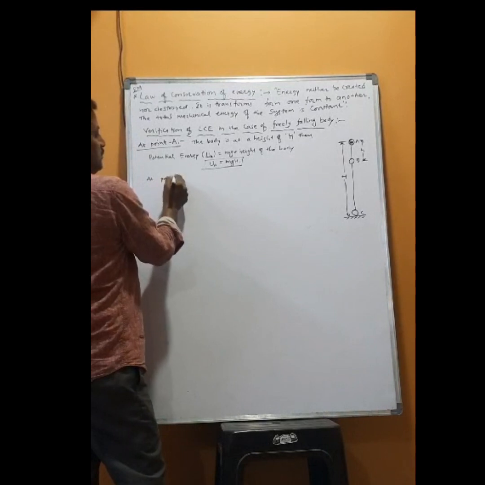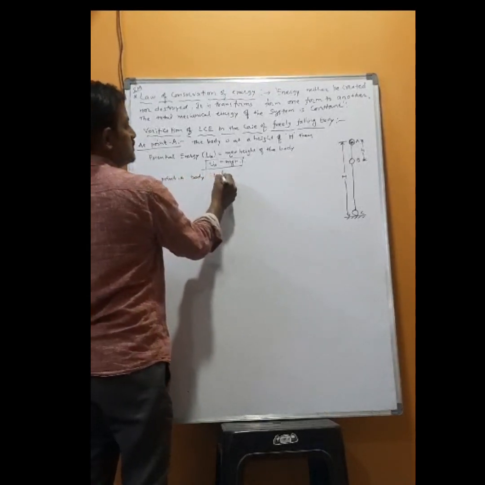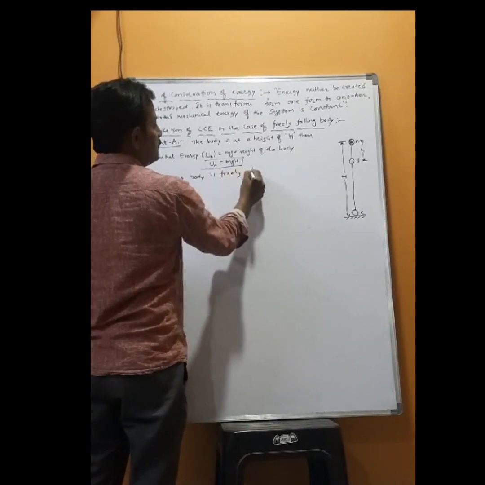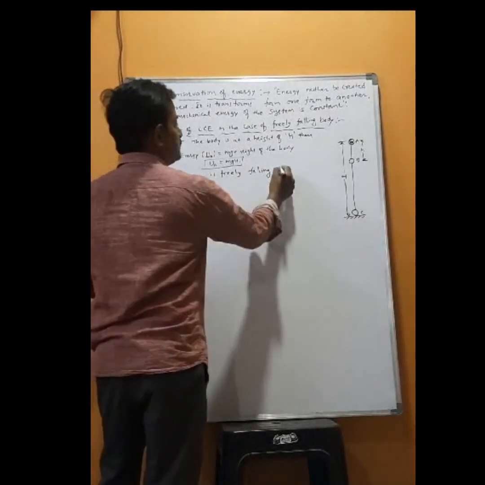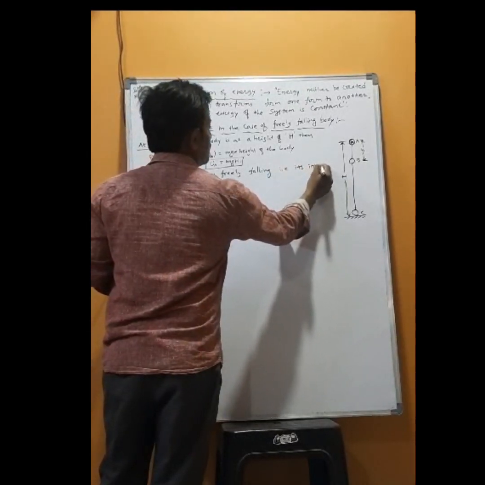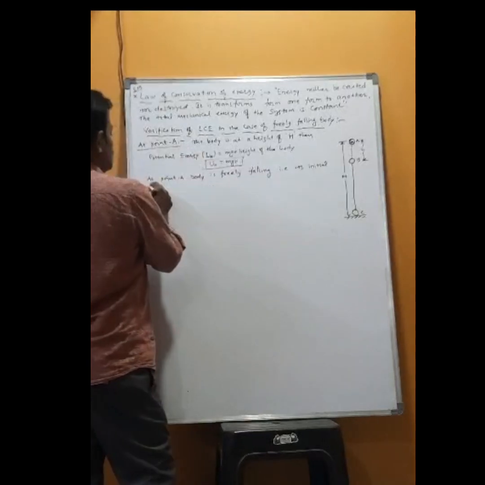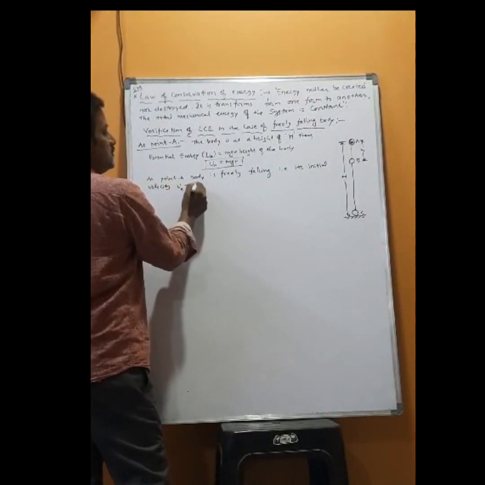At point A, the body is freely falling, that is, its initial velocity VA is equal to 0.